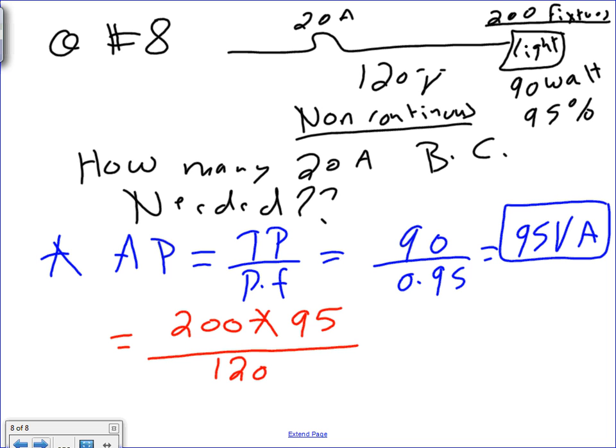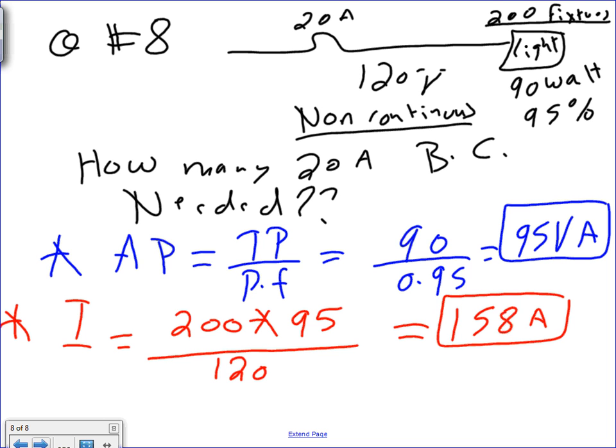So that will give you the amps, I for all of them. The second step, to find I for all of them, I came up with 158 amps. Anybody come up with 150 amps? So all of them will consume 158 amps.